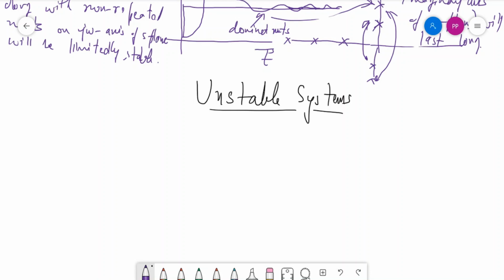So what are the situations for unstable systems? We should know very carefully that if all the roots are on the negative real axis and one root is on the positive real axis, then the system will become unstable.